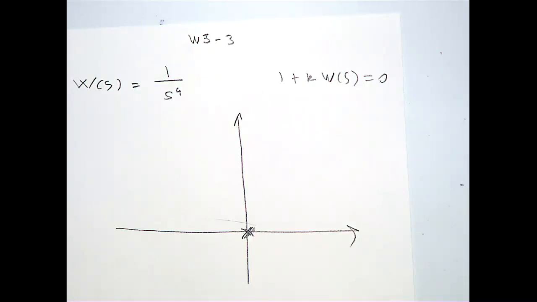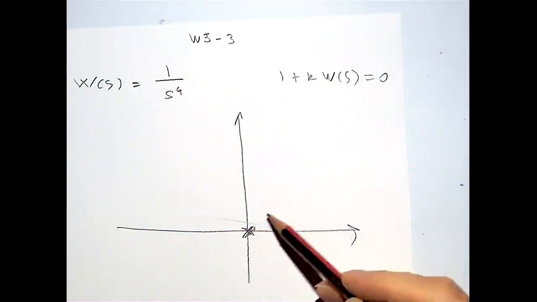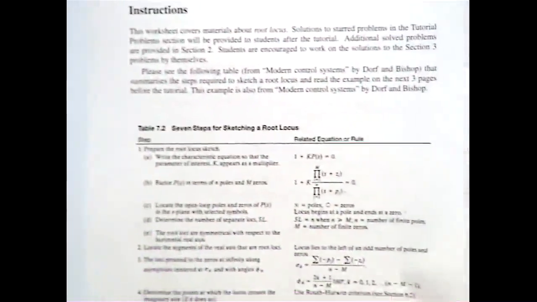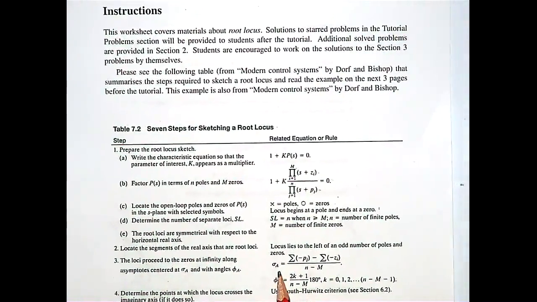Very good. Asymptotes. How many asymptotes do we have? 4. We need to divide 360 degrees into 4. The asymptotes look like this, right? So we are dividing things like that. But where would they intersect the real axis? Well, we need to look at the formula. The formula for where they intersect the real axis is the sum of poles minus the sum of zeros divided by the relative degree.